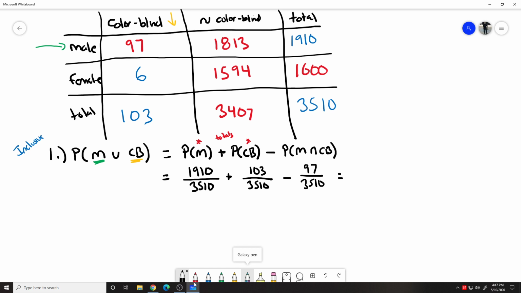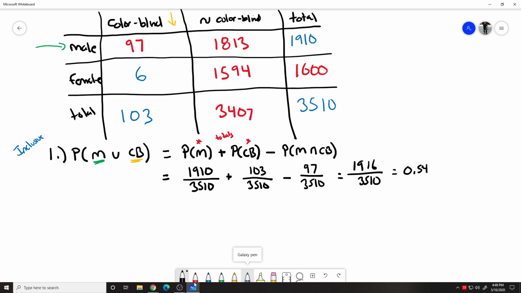So just take your calculator and punch it all in at once. 1910 plus 103 minus 97 gives me a grand total of 1916 out of 3510. Now let's convert that to a percentage. Let's divide our 1916 by 3510. I'm going to round it. It's a decimal of 0.54.